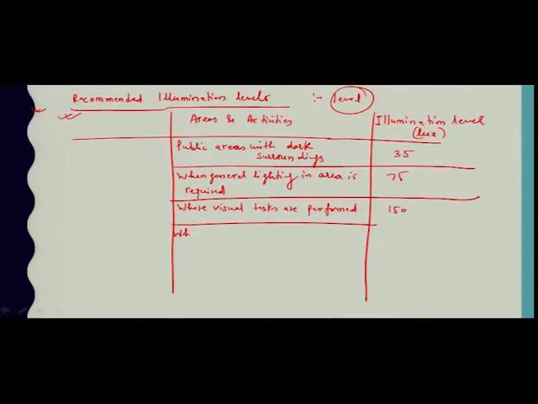One more category we can define here is where very prolonged and exacting visual tasks are performed, so this particular illumination keeps on increasing depending on the visual task, with low contrast or high contrast.